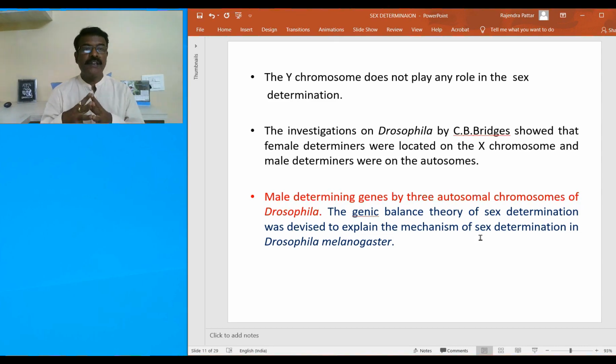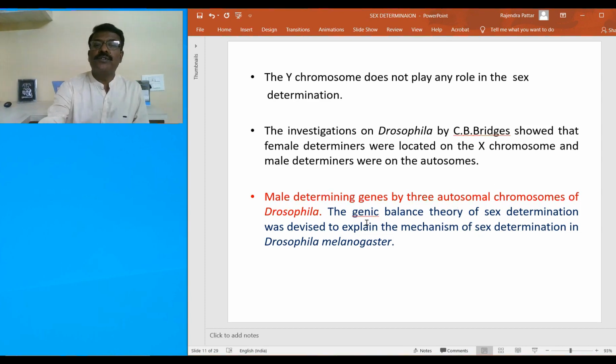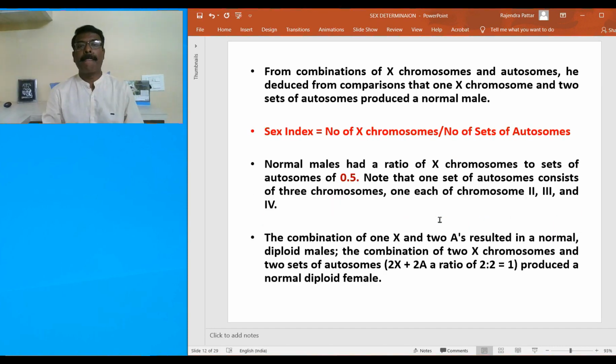The genic balance theory enables us to determine sex, that is, how maleness is expressed in the case of Drosophila. According to this genic balance theory, we need to consider the autosomes along with the Y chromosome for the expression of maleness. Let me tell you very clearly by showing the next slide.